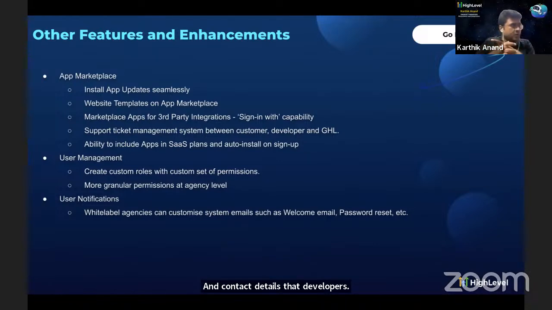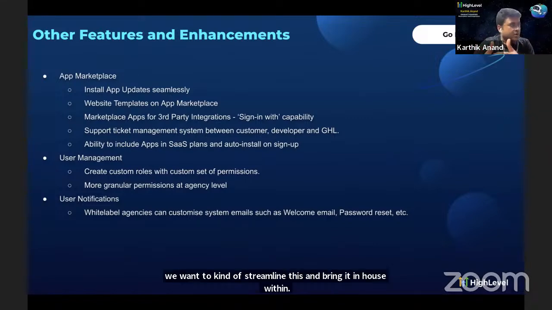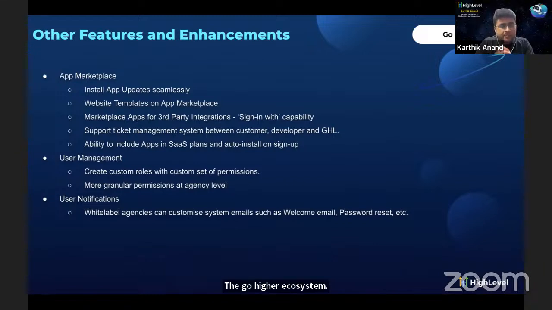So we want to streamline this and bring it in-house within the Go High Level ecosystem. We want to build a support system where there are 3 parties involved: you as a customer, the third-party developer, as well as Go High Level, so that if you are not getting the right support, we can come in, intervene, and make sure that you are getting the best support.